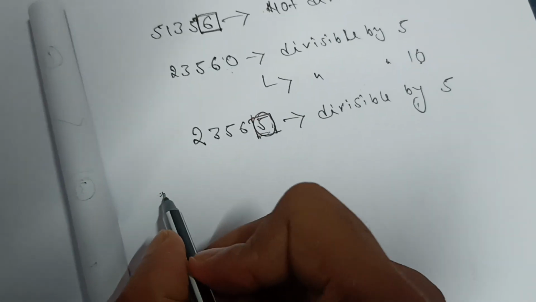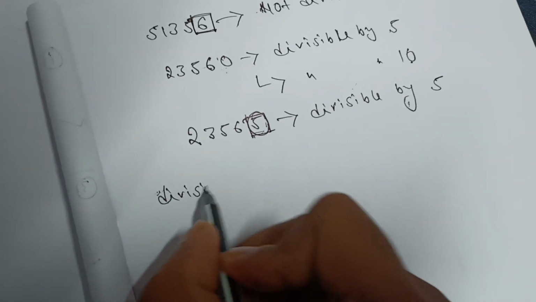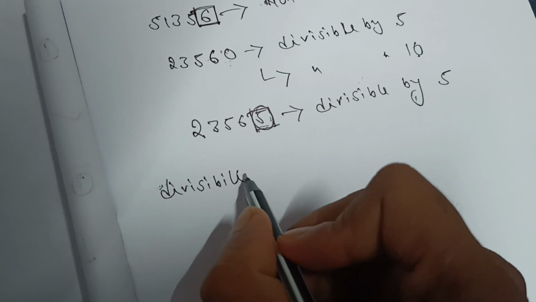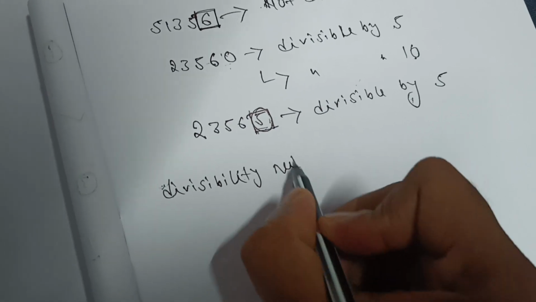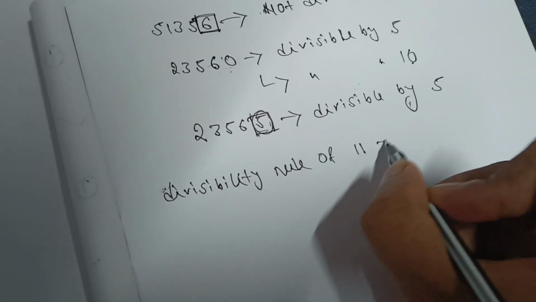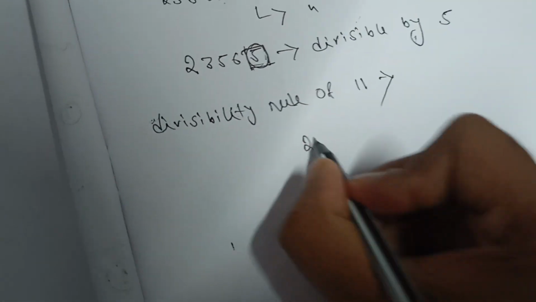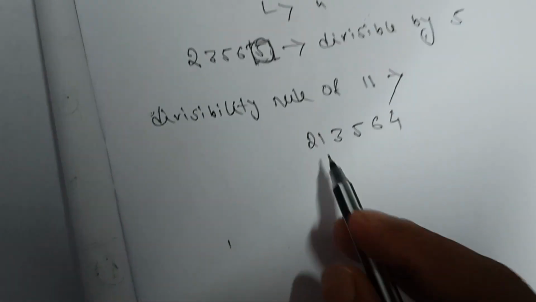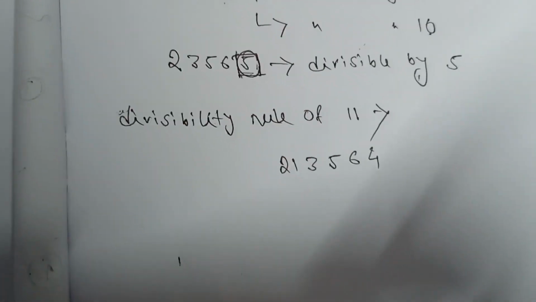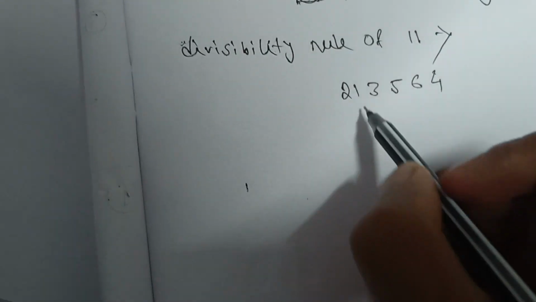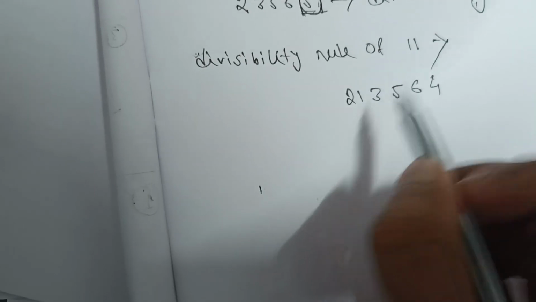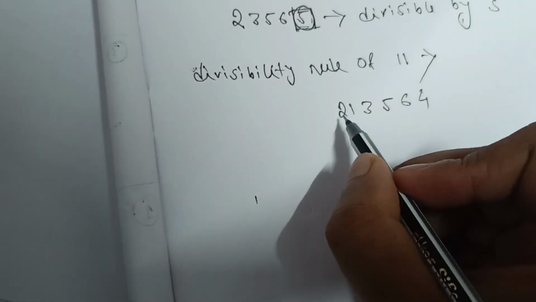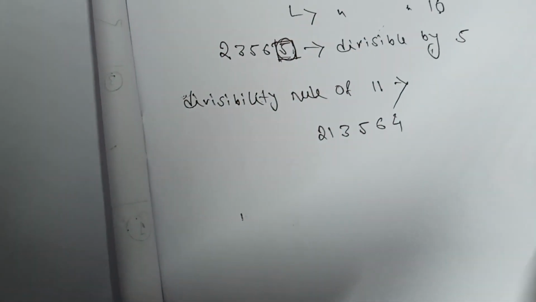Okay, last one, the divisibility rule of 11. Like 213564, is it divisible by 11 or not? Then what should I do? You have to add the digits at even places and the digits at odd places.